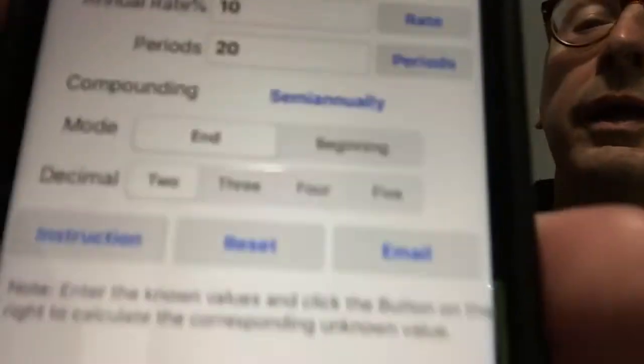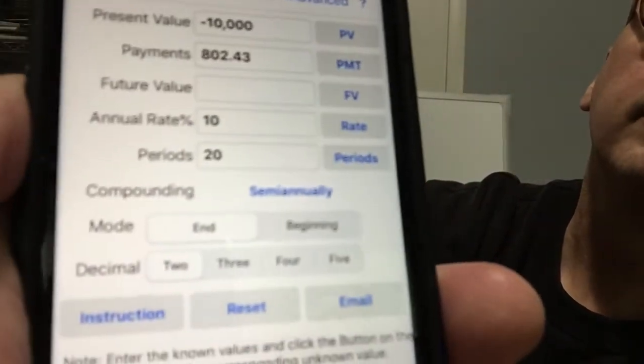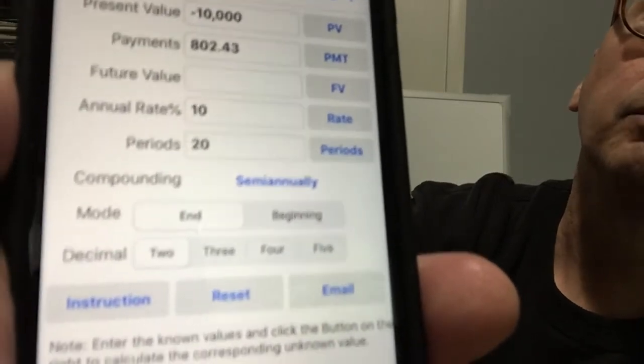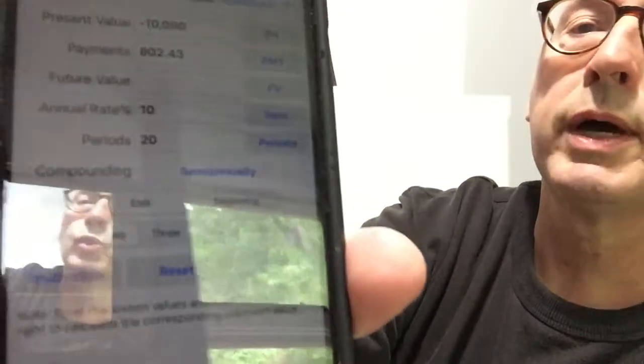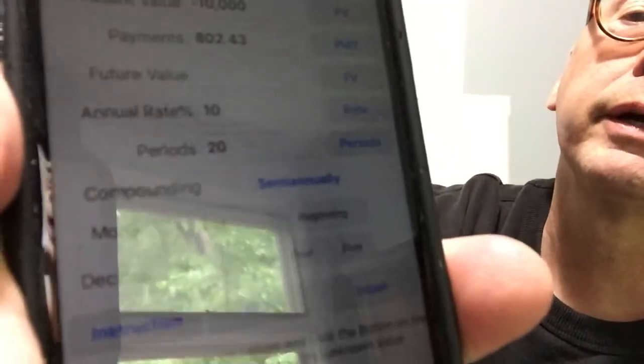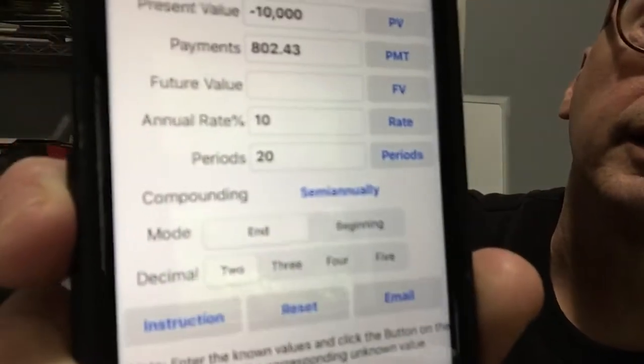I put in the interest rate as 10%, and then for payments, there are 20 semi-annual periods in 10 years, so I put in 20 for number of periods, and then I had to change it to semi-annual in terms of how the calculation was done.